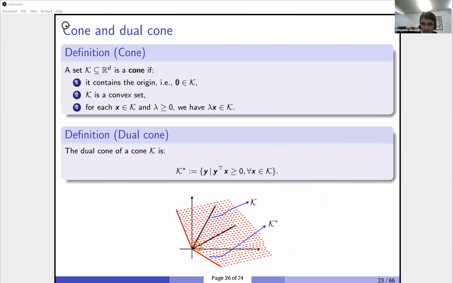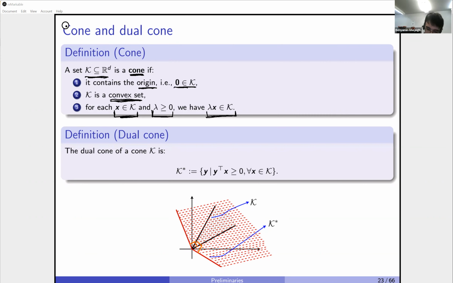Now cone. Let's define cone. A set K is a cone if it contains the origin, it must contain the origin. This is important. It is a convex set, and for any scalar lambda greater than or equal to 0, for each point x in the cone, lambda x is also within the cone.